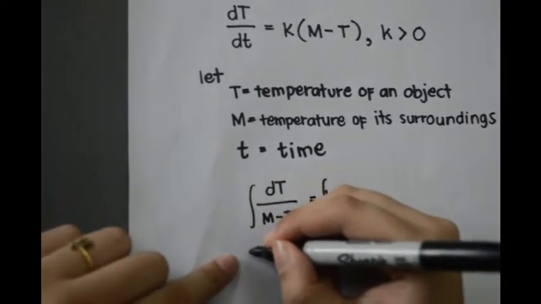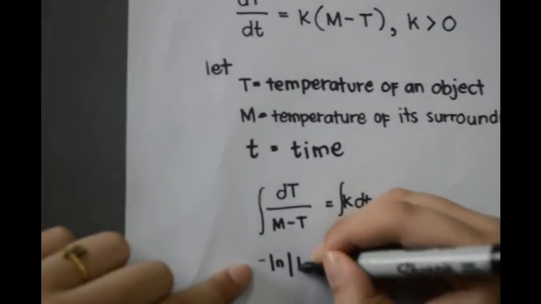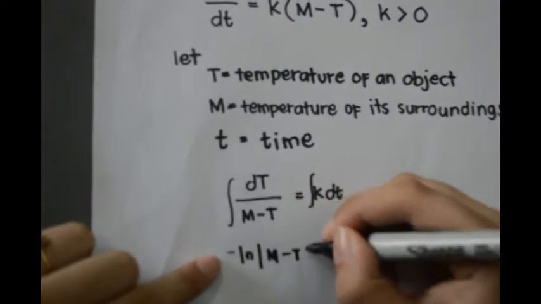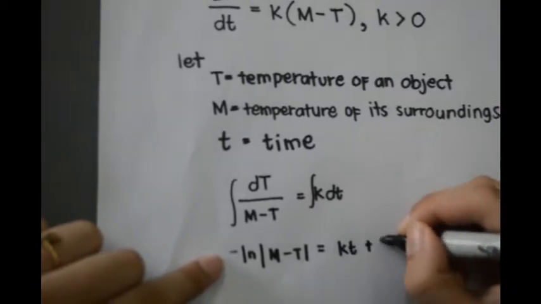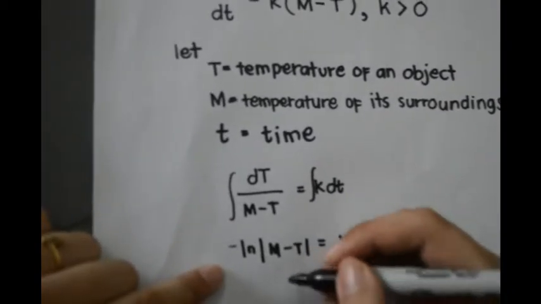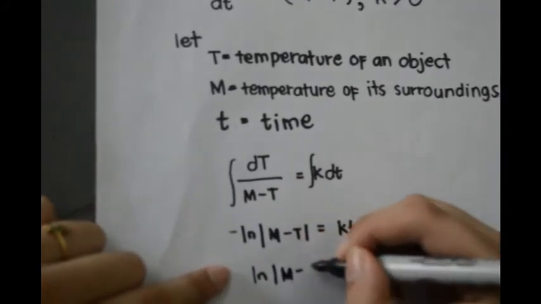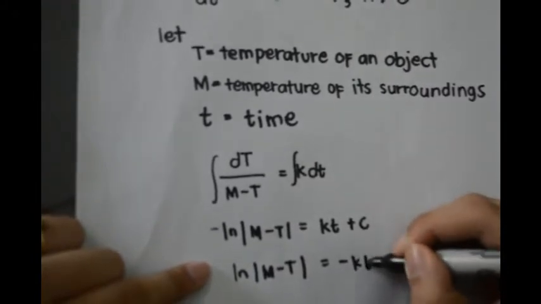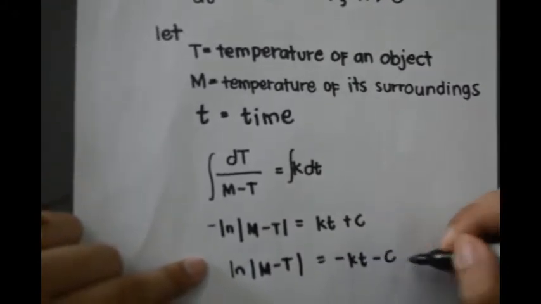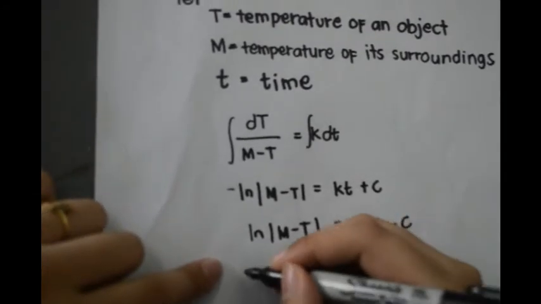Then the answer will be ln times M minus T is equal to KT plus C. Then we will simplify: ln of M minus T is equal to negative K times T minus C. We will use exponentiation.